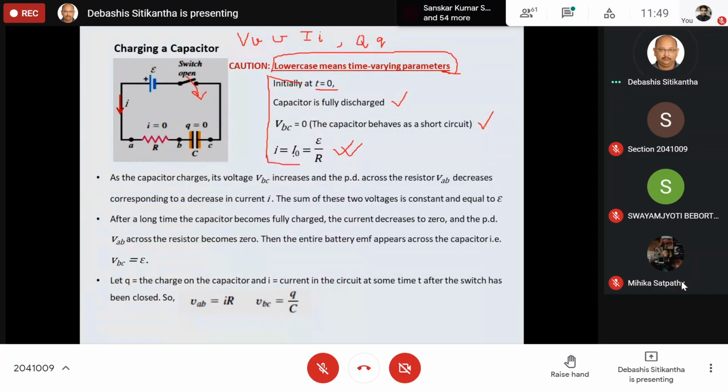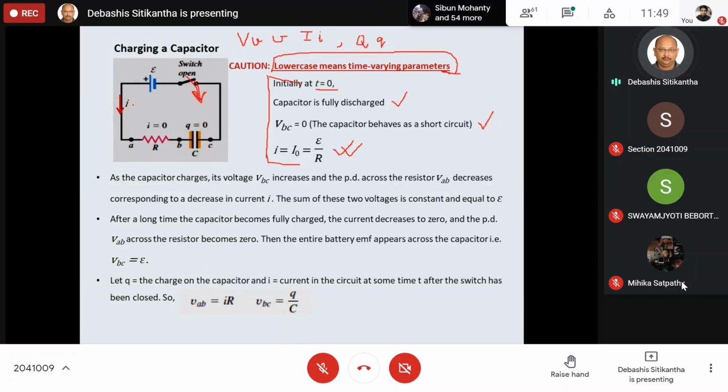Now, the moment I have closed this switch, this is a closed circuit, so current will start flowing. Initially, what will happen? The current will be maximum. Why will it be maximum? It is because no electron is dumped at the negative terminal, so there is no repulsive force.